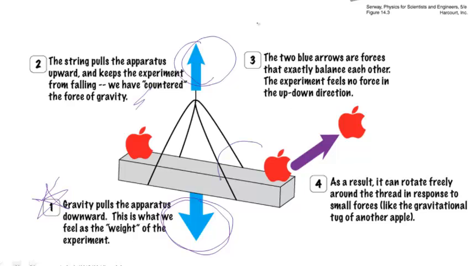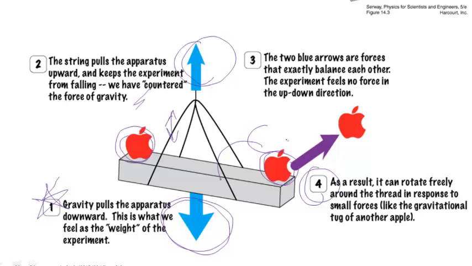And now we're just going to look at horizontal. So step 4: as a result, the teeter-totter is going to rotate freely around the thread in response to small forces like the gravitational tug of another apple. So if I've got an apple sitting here and I've balanced out my forces up and down, if I put another apple here, it's going to cause a horizontal force between those two objects.